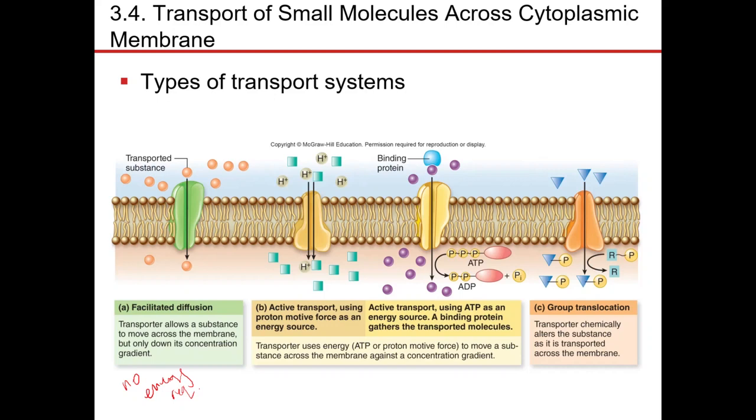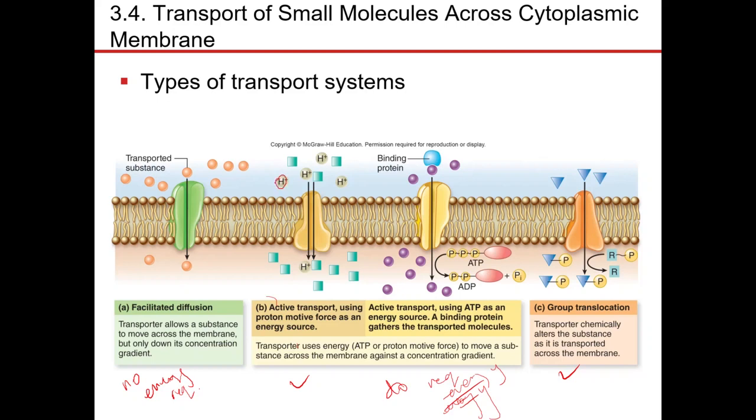Now, active transport and group translocation, these are processes that do require energy. Okay, they do require energy. So, for example, in this case, we are looking at a proton motive force.